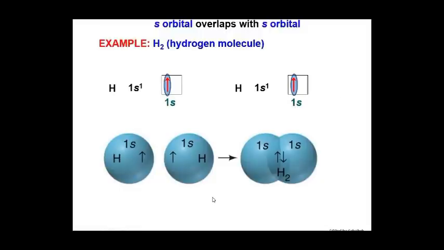Next, to show the formation of the hydrogen molecule, both electrons must overlap each other. One s from one H and one s orbital from the other H end up giving H2 with opposite spin.